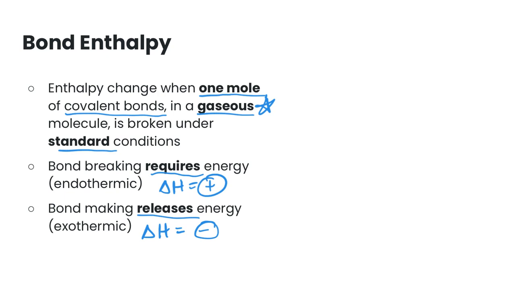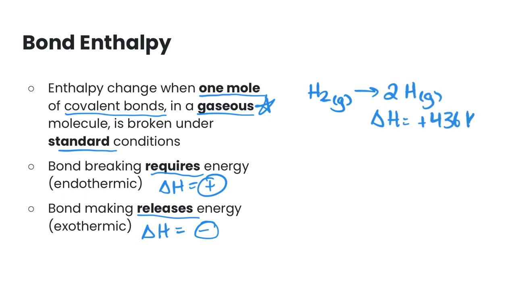An example might be, if we take hydrogen gas and break that H-H bond into 2 hydrogen atoms, then the bond enthalpy for that is plus 436 kilojoules per mole. Always a positive value because it takes energy to break the bonds.